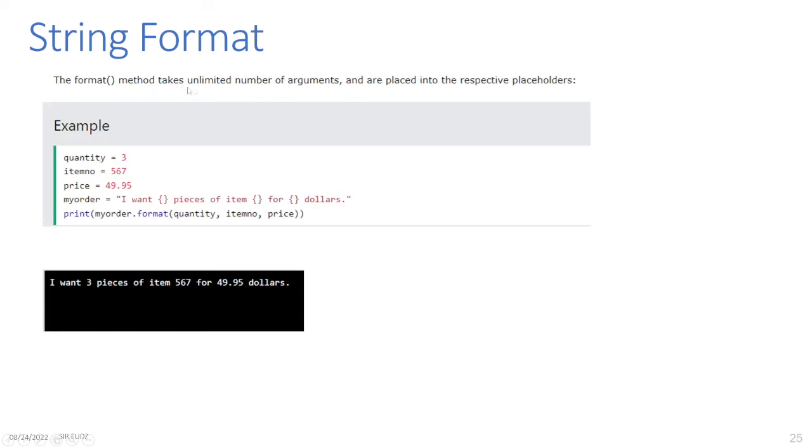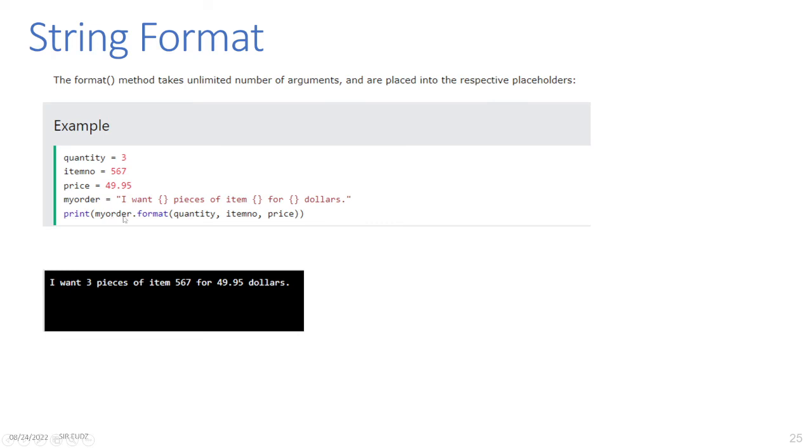The format method takes an unlimited number of arguments, which are placed into the respective placeholders. So here we have quantity equals 3, item number equals 567, and price equals 49.95. My order equals "I want {} pieces of item {} for {} dollars."